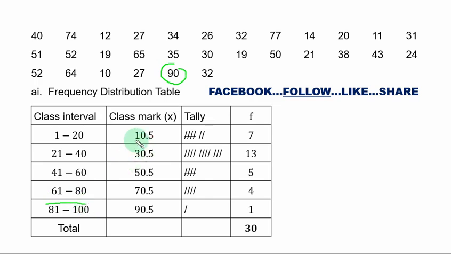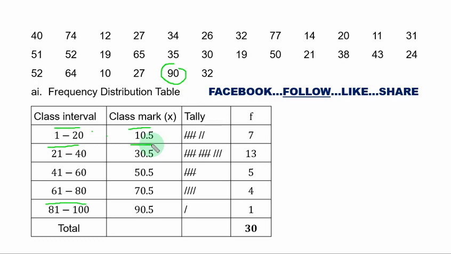Now we need S, that is the class mark. For you to get S, you take the average of each class interval, that is 1 plus 20, 21, divide by 2, you have 10.5. The next one, 21 plus 40, you have 61, divide by 2, you have 30.5.